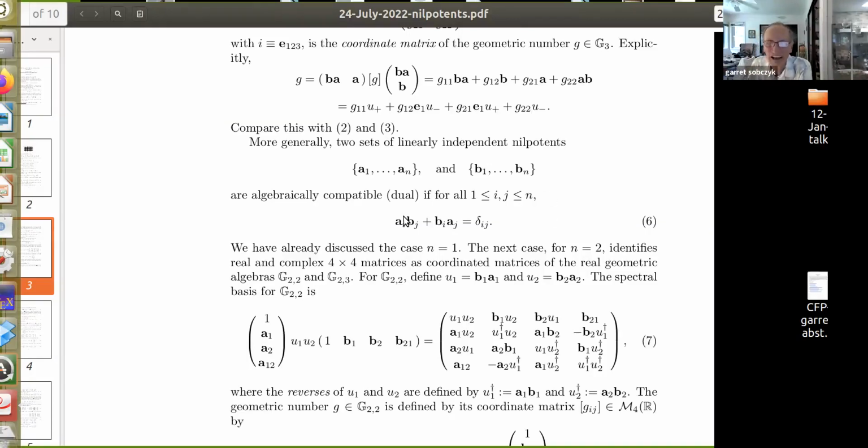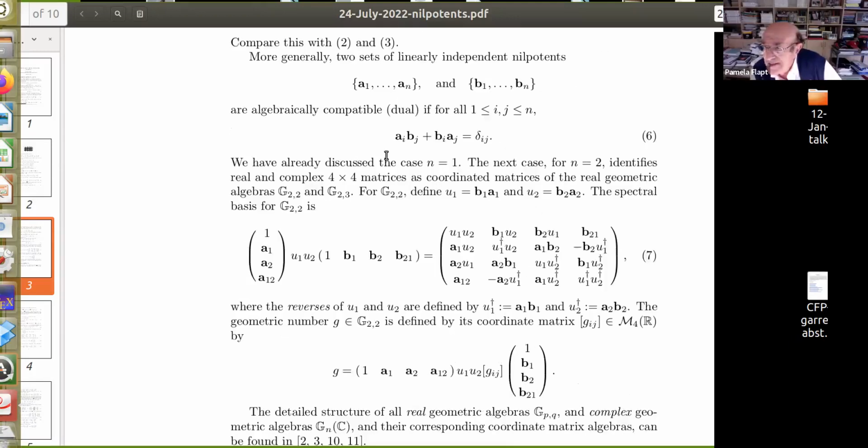Okay, here I take the simplest case. And we've already discussed the case n equals 1. The next case, n equals 2, real and complex 4x4 matrices as coordinate matrices of the real geometric algebra G22 and over the complex numbers G23. For G22, define U1 equal to B1 times A1, U2 equal to B2 times A2.